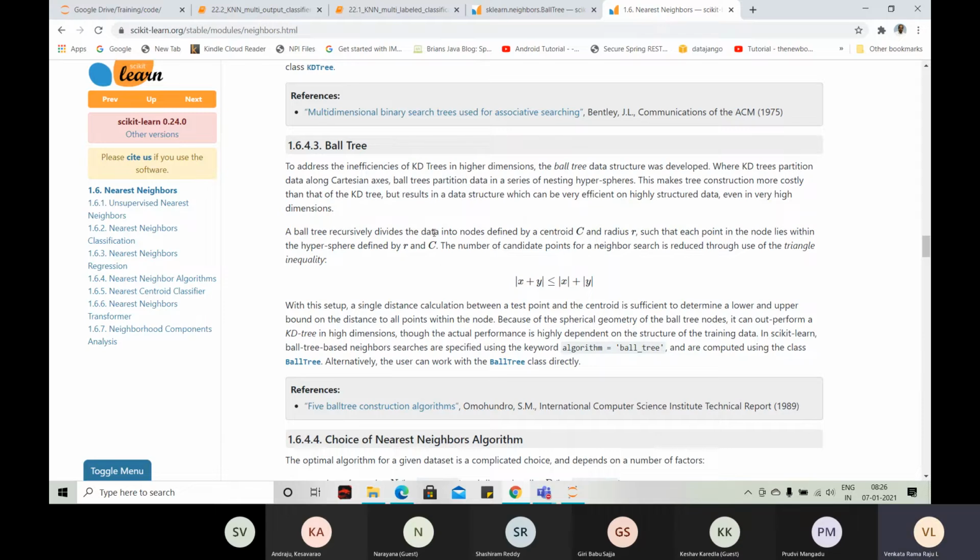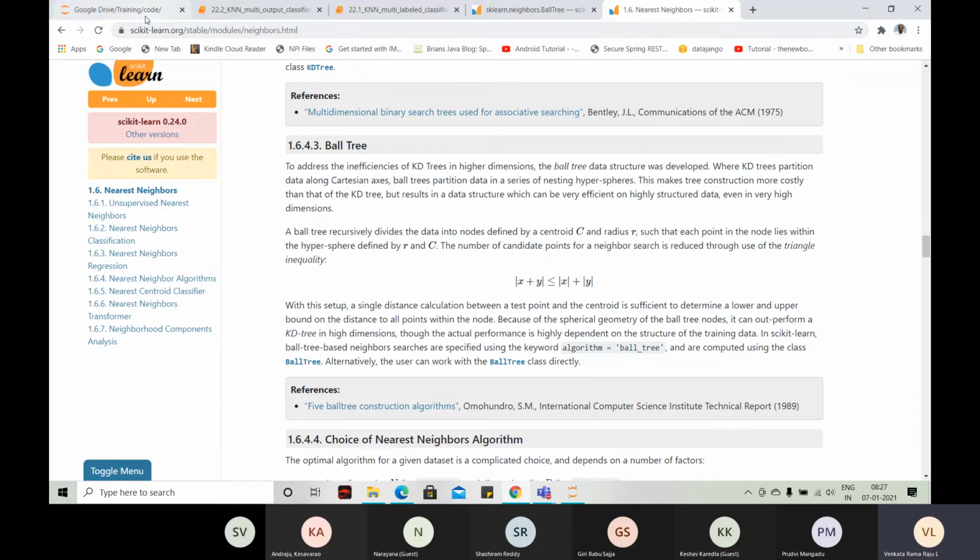The ball tree recursively divides data into nodes defined by centroid C and radius R, such that each point in the node lies within the hypersphere of radius R. The number of candidate points for neighbors is reduced using the triangle inequality. I didn't get this point, I think. We'll see. I'll look into this and then come back tomorrow.